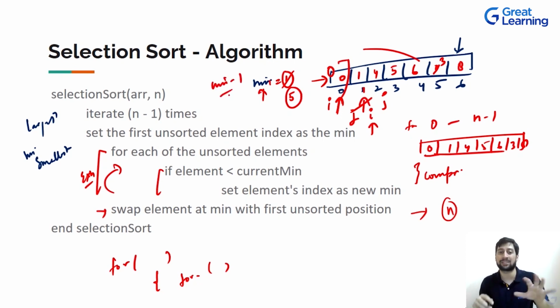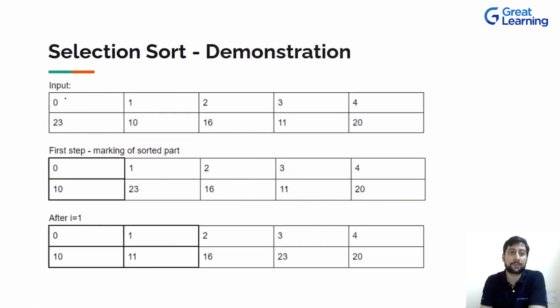Now let's see an example wherein we get a better understanding of this algorithm. If you observe carefully, this is our input array: 23, 10, 16, 11 and 20. We'll make this our first step, and this is our iteration number 1.